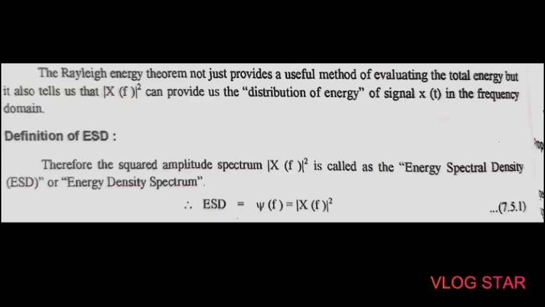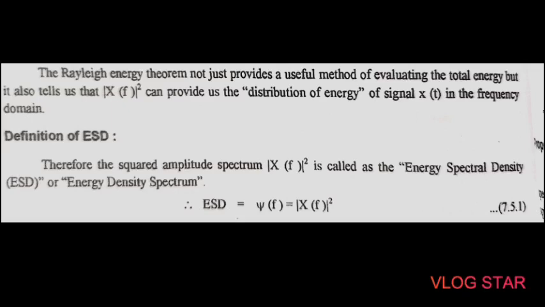Okay, so let us see first what is meant by energy spectral density. According to the Rayleigh energy theorem, the total energy of a signal is given by E is equal to the integral from minus infinity to infinity of |X(f)|^2 df. Okay, so this means that the energy of signal x of t is a result of energies contributed by all the spectral components of the signal x of t. So thus it is possible to obtain the energy of the signal x of t by calculating the area under the square of its amplitude spectrum X of f.